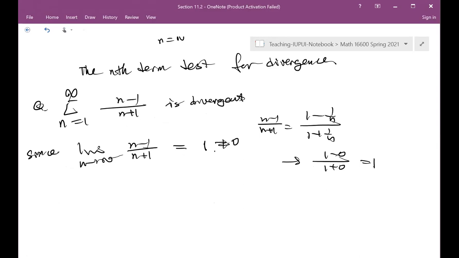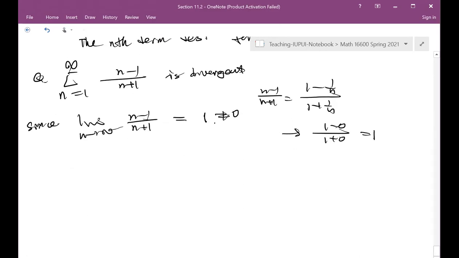Every time you are adding a number very close to 1, of course you're going to get bigger and bigger. The sum of infinite terms is infinity. So this is divergent.